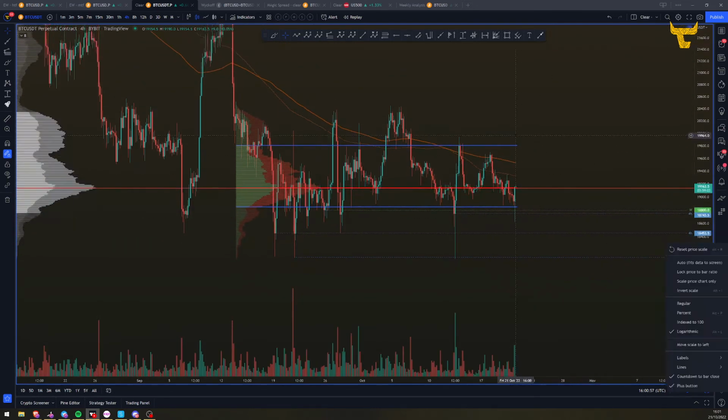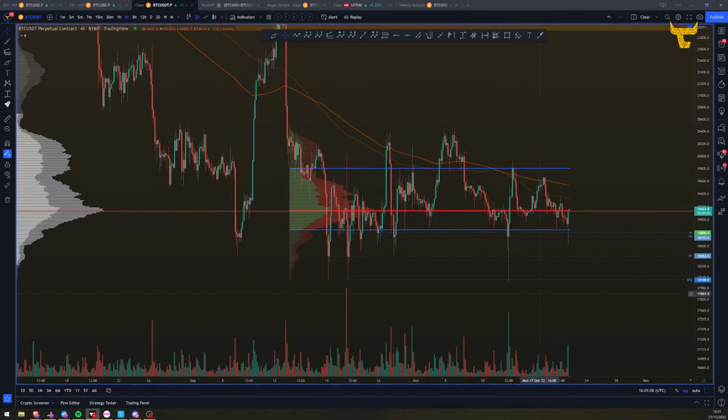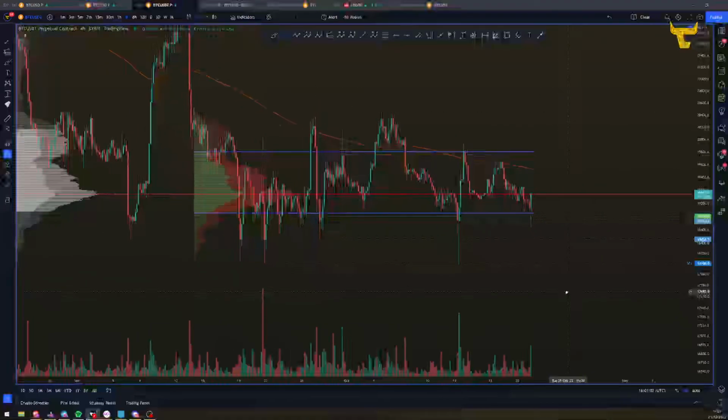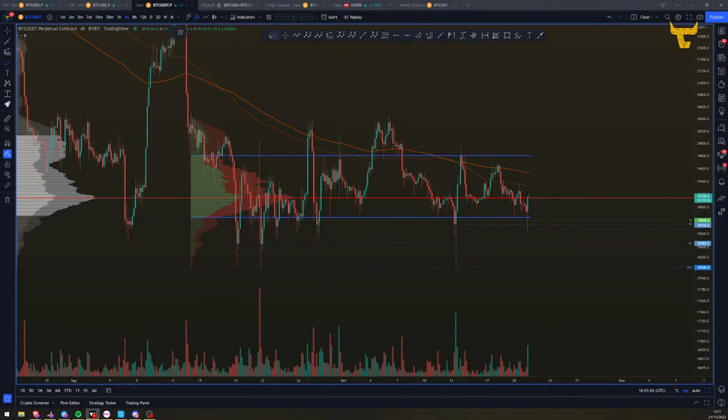So I'm going to pass on the lower time frame Bitcoin price action.